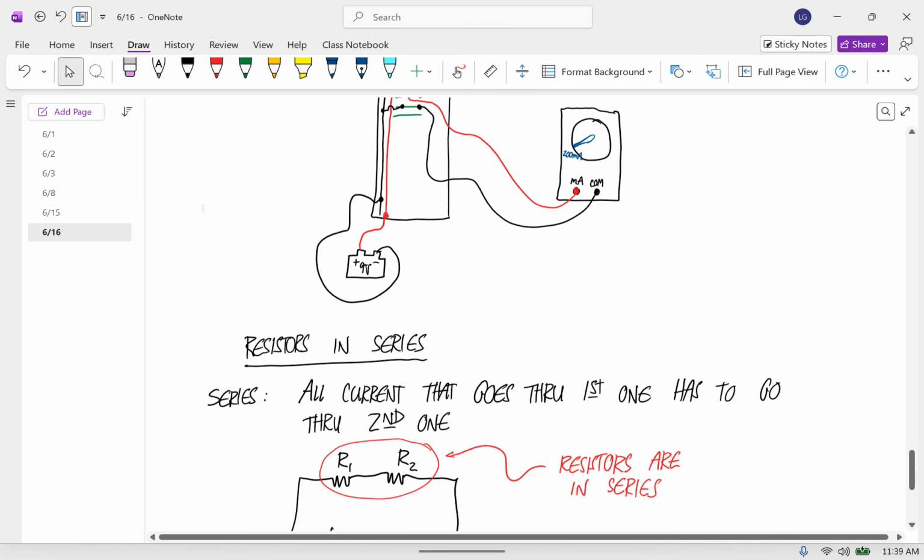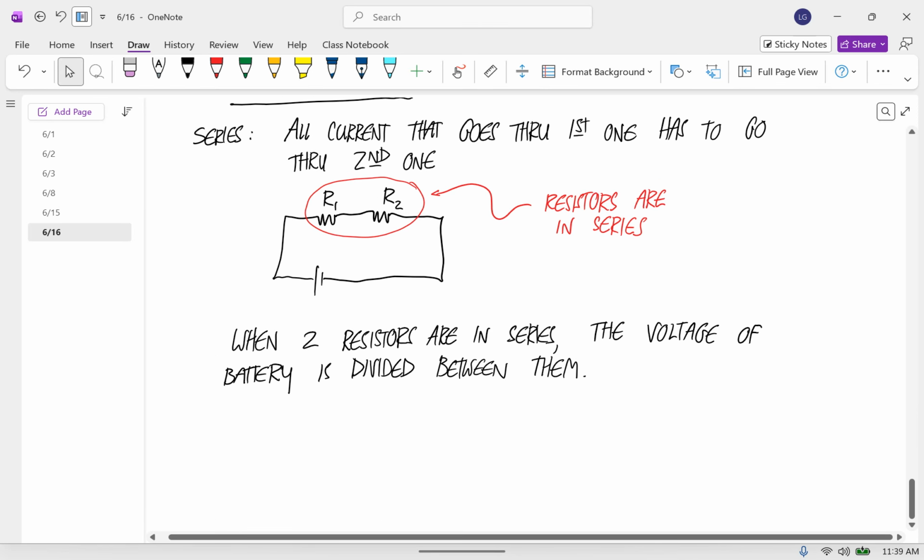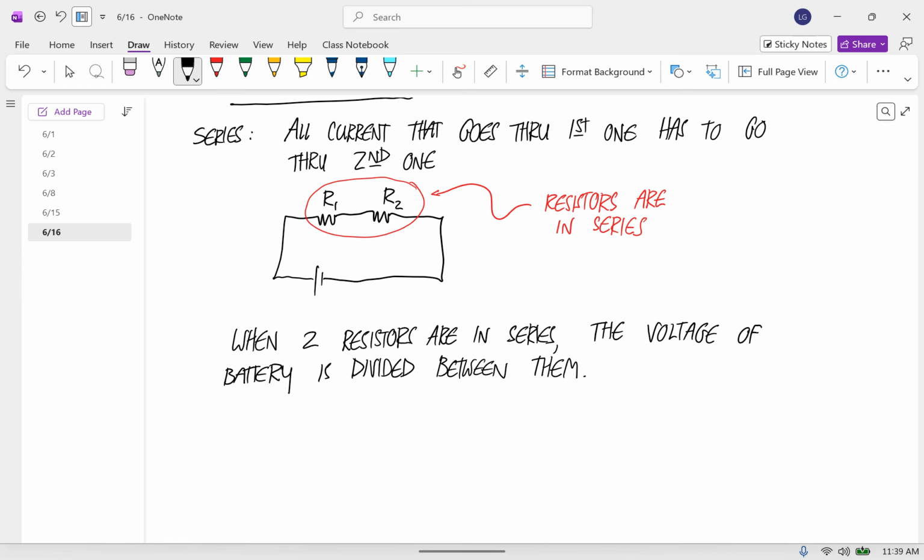For example, in this case, if this was a 9-volt battery, depending on what the resistances are of these two resistors, one might have a voltage of 6 and one might have a voltage of 3. Whatever the voltages of the two resistors are, they have to add up to the voltage of the battery.